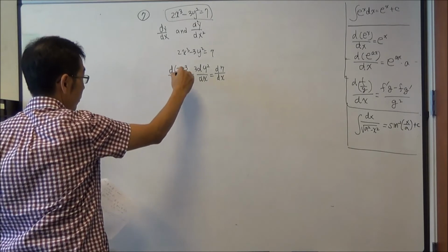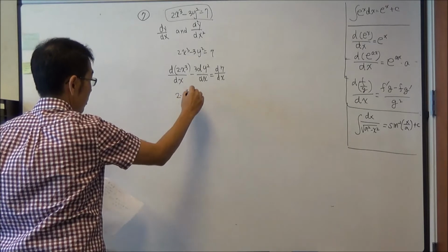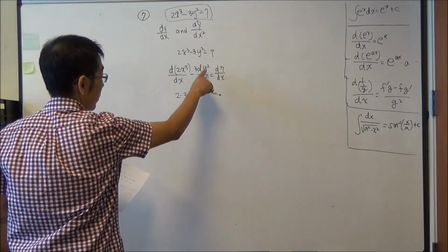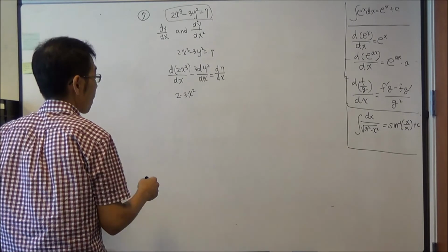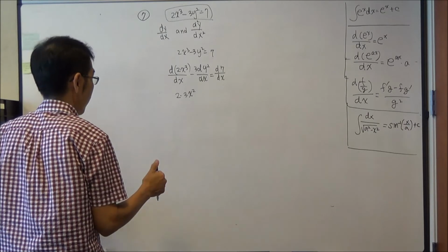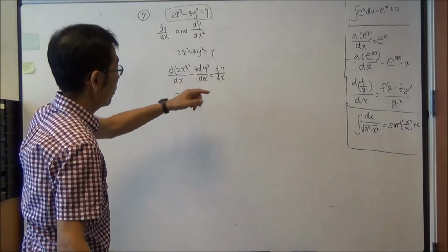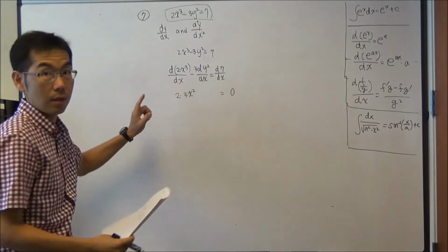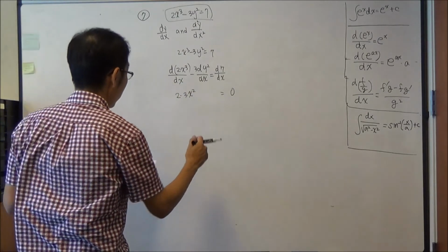So this one is 2 and 3x squared. And how about this one? How do you find the derivative of y squared with respect to x? At least we know that the right side will be 0 because 7 is a constant value. So how about the second term?